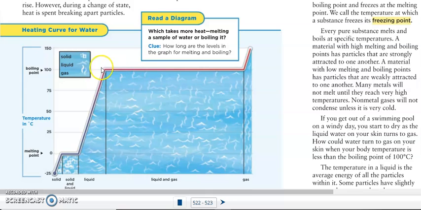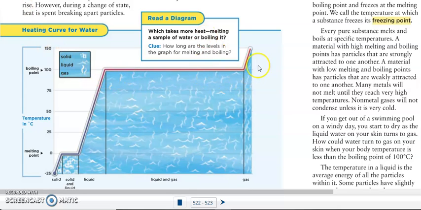The water condenses at the same temperature as the boiling point and freezes at the same temperature as the melting point. So here the liquid freezes at 0 degrees Celsius. We call the temperature at which a substance freezes the freezing point. So the heating curve and the cooling curve are reverse curves.